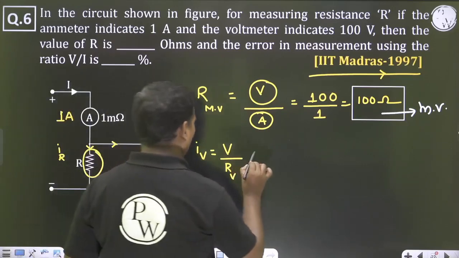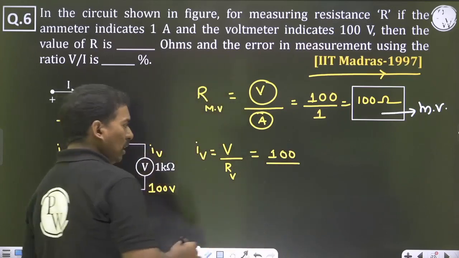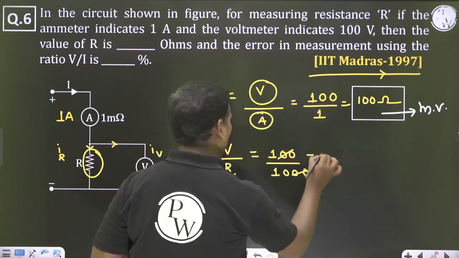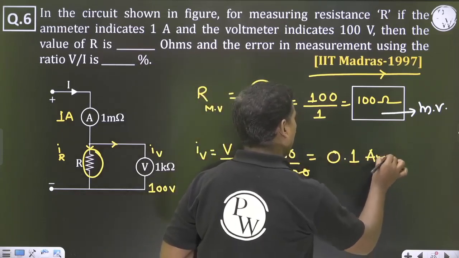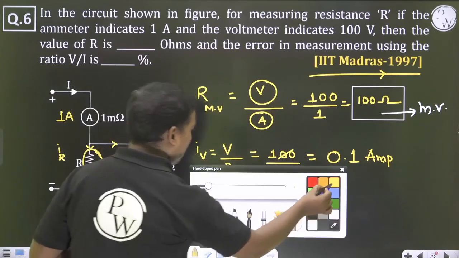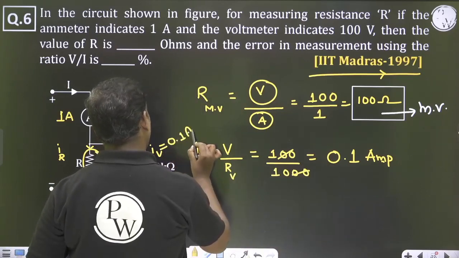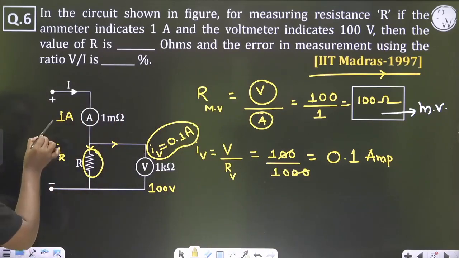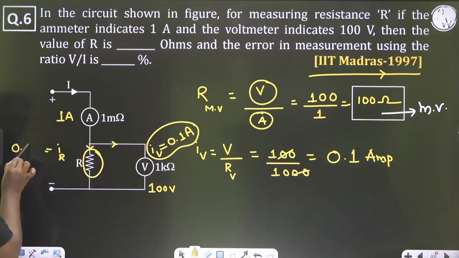The voltmeter reading is 100 volts and the voltmeter resistance is 1000, so it is coming as 0.1 ampere. When this is 0.1 ampere, this will be how much? From 1 ampere, 0.1 is gone, so this will be 0.9 ampere.